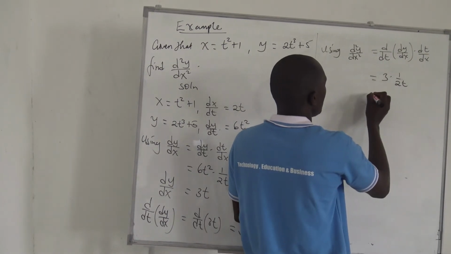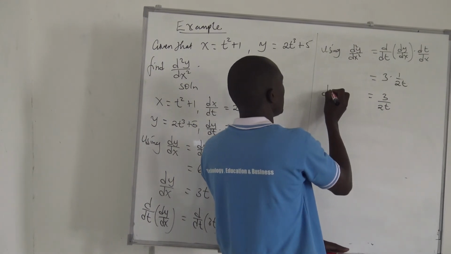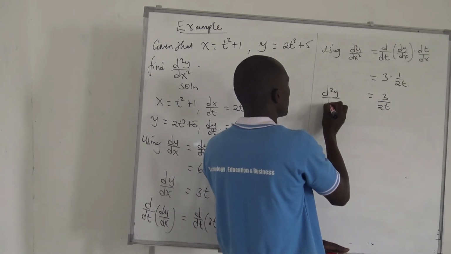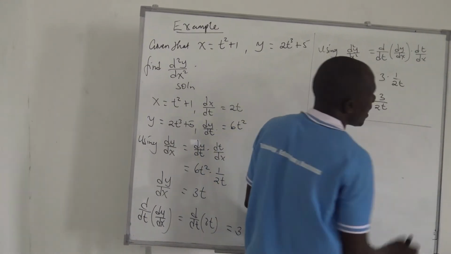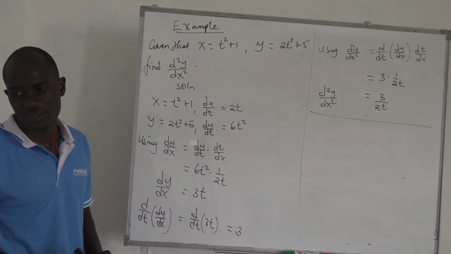So it becomes 3 over 2t, which is d2y/dx squared. That's how we handle such numbers.